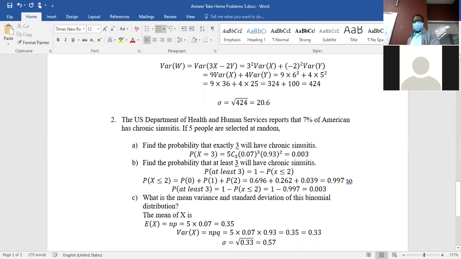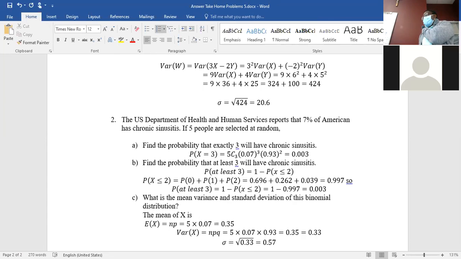So the last question. The US Department of Health and Human Services reports that 7% of Americans have chronic sinusitis. If 5 people are selected at random, find the probability that exactly 3 will have chronic sinusitis. You can use your calculator, or a Google scientific binomial distribution calculator, or the table at the back of your book.